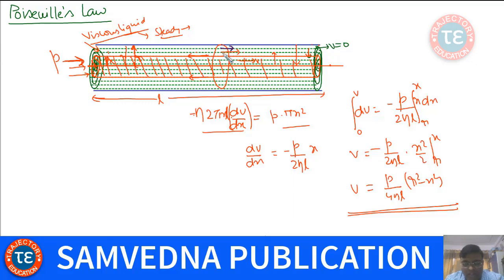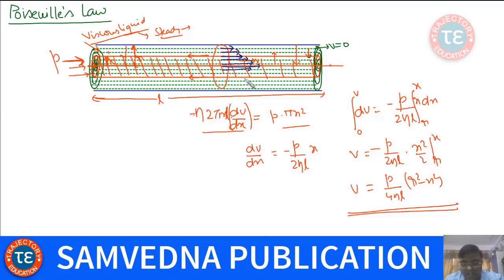The velocity over here will be somewhat more than 0, and as you go towards the axis, velocity keeps on increasing. From this, as you go towards the axis, x keeps on falling and velocity keeps on increasing, and it reaches the highest at the axis.